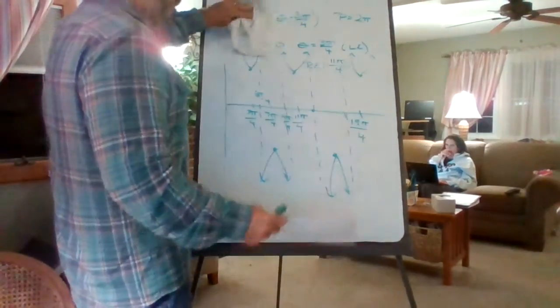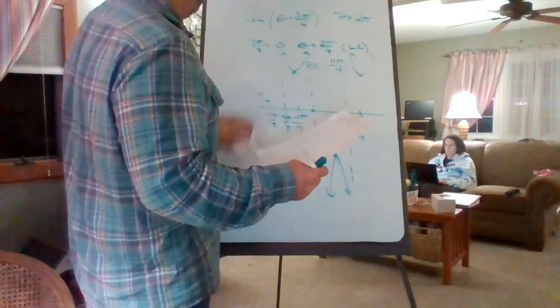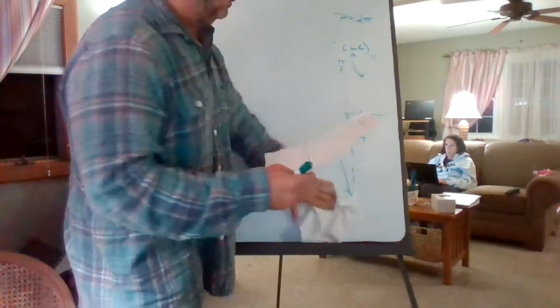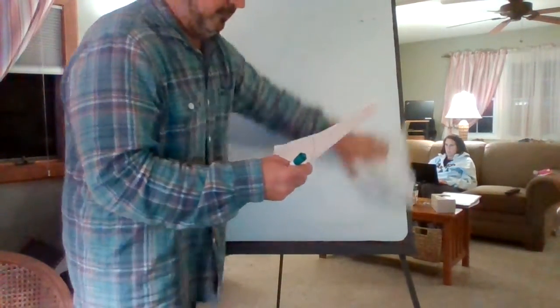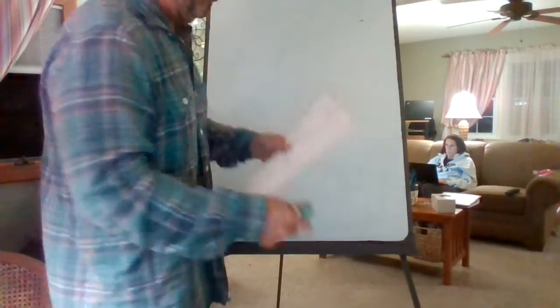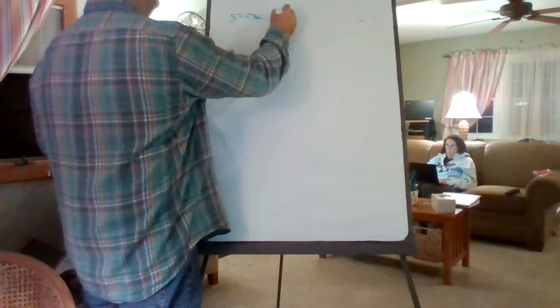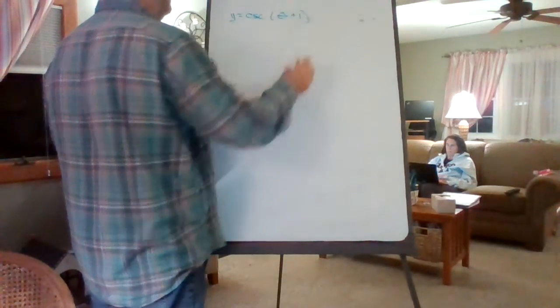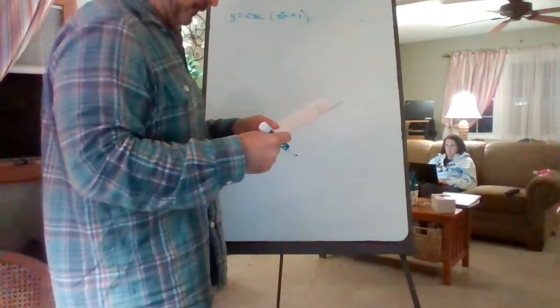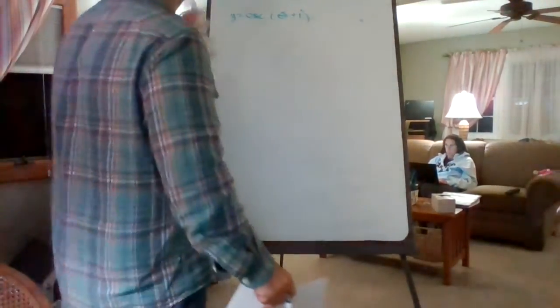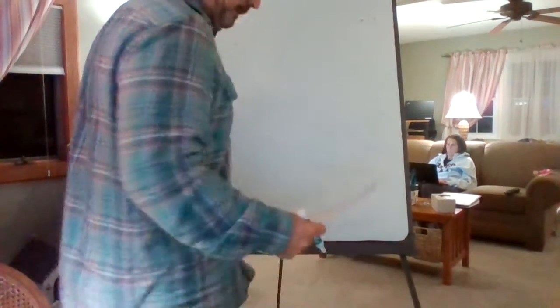Okay? So now we're going to do the last one on that sheet, which is y equals cosecant theta plus 1. Oh, I apologize for number 5. If we go back for a second, I do the domain, range, and all that stuff. I forgot.